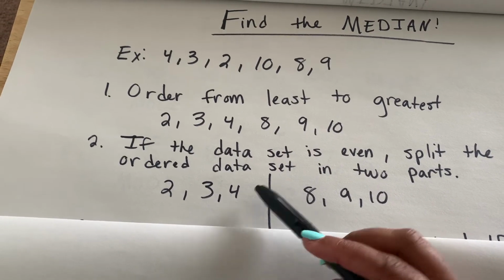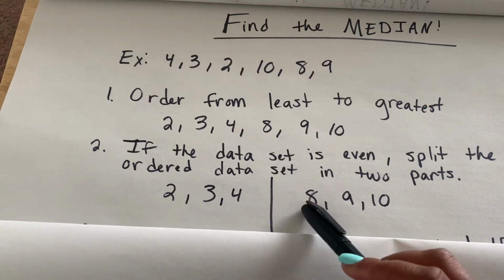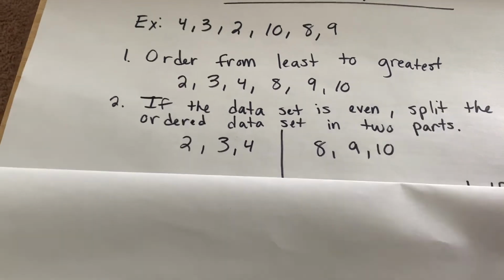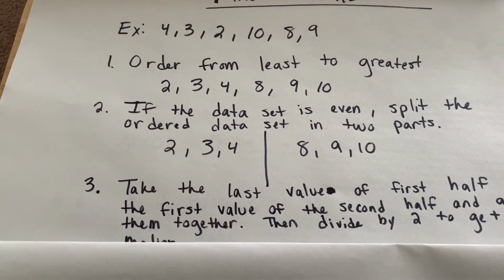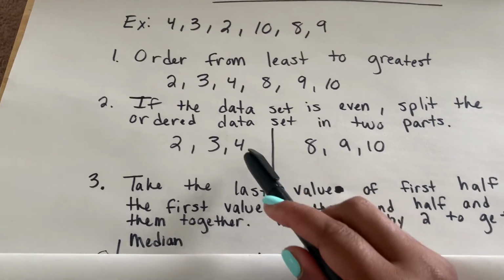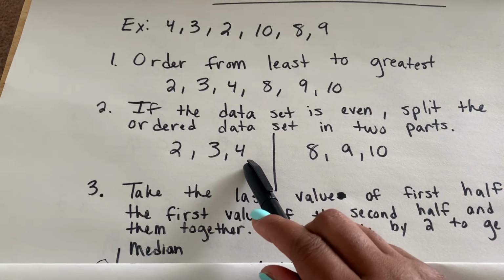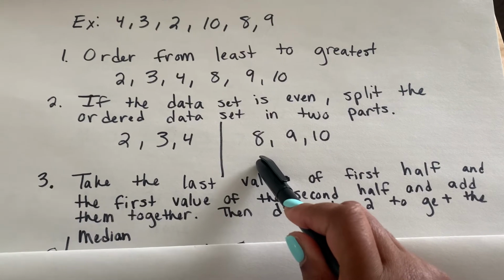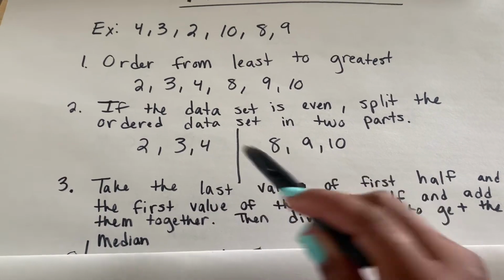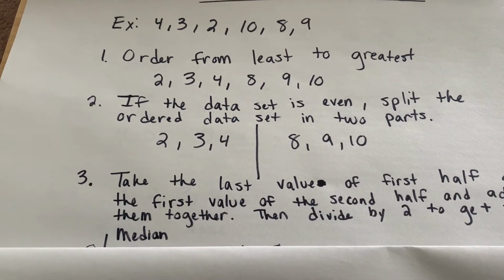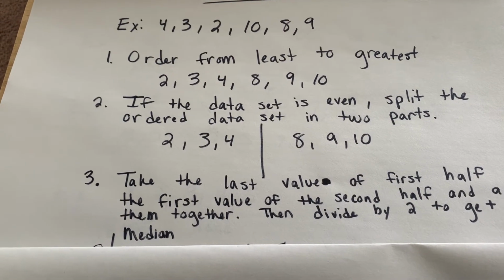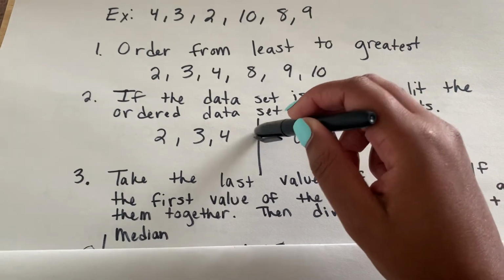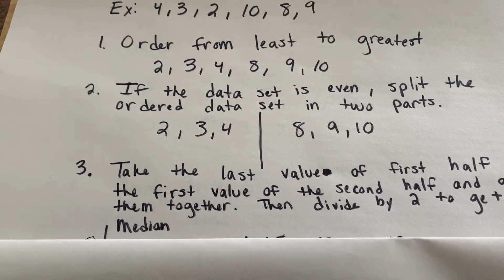So it's the value that's in between these 2 numbers. That's going to be your median. So what you want to do is take the last value of your first half and the first value of your second half, add those together, and divide by 2 to get your median, because you want to find the number in between these 2.